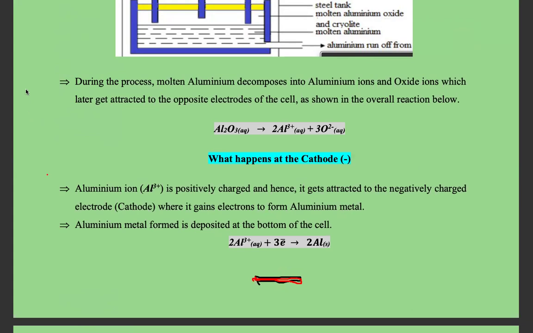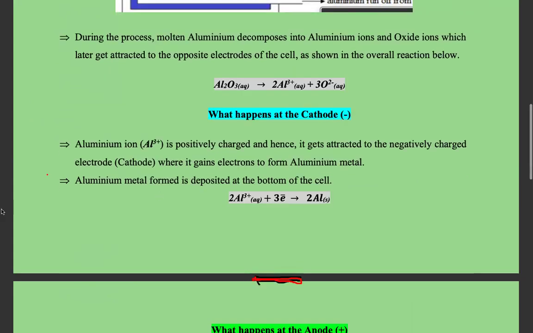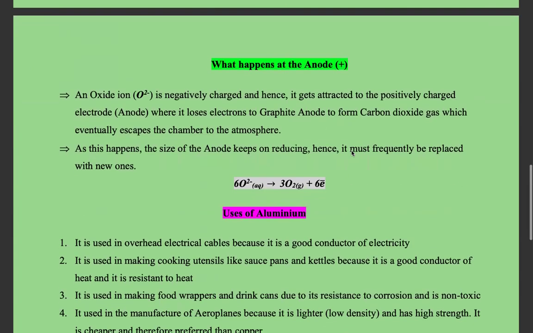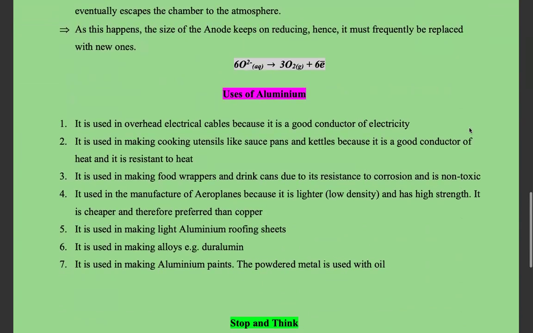And now we also need to understand that this aluminium that we have extracted, where do we take it? We look at where we can use it, because aluminium is very useful based on the prominent properties that it has.